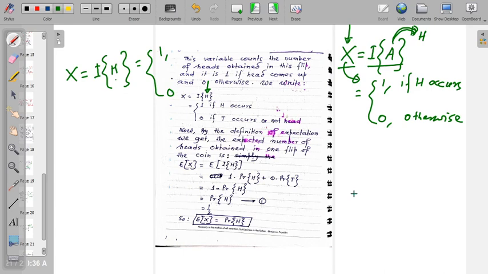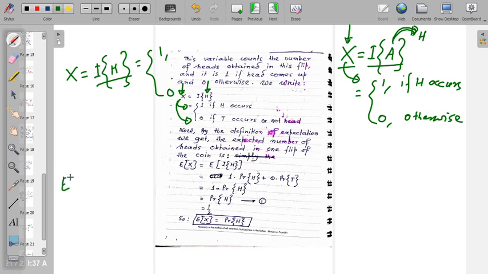That is the basic idea. So this X, or this indicator random variable I_H, is a random variable, mind you, and it can take value 1 or value 0.